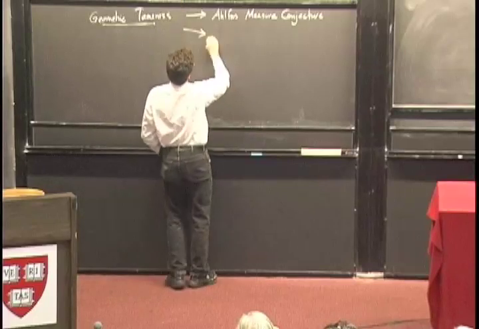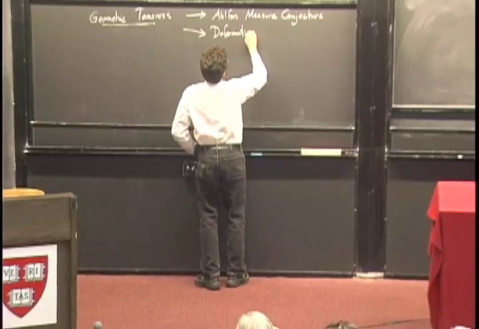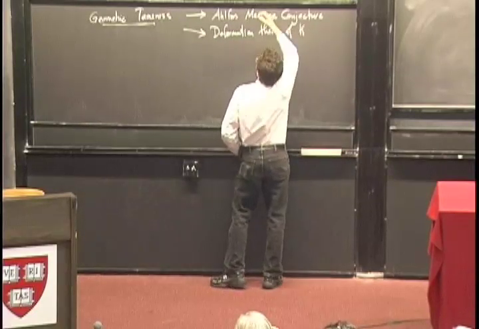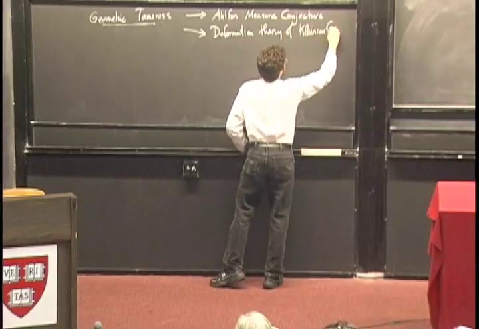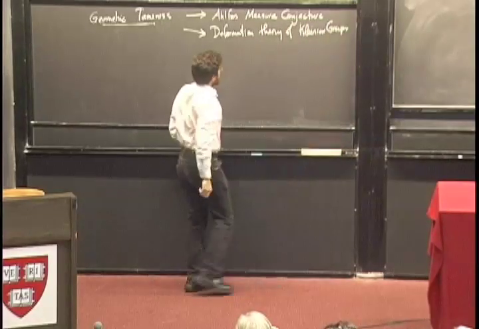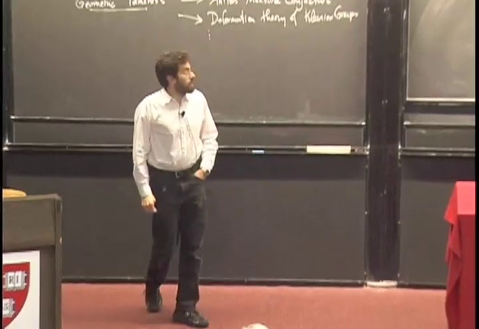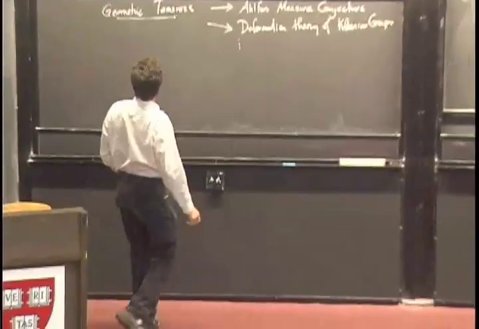It has consequences for the deformation theory of Kleinian groups. Kleinian groups are just such groups. Those are called Kleinian groups. And other, sort of a whole long list of consequences for 3 manifolds and for geometric constructions with 3 manifolds.